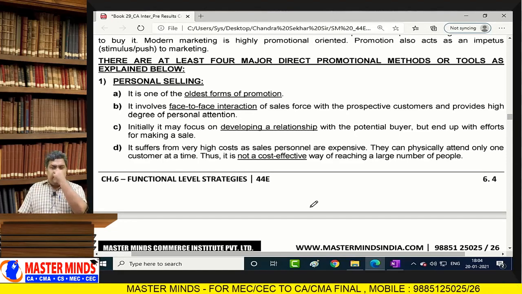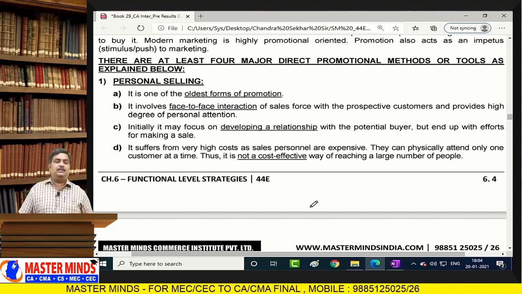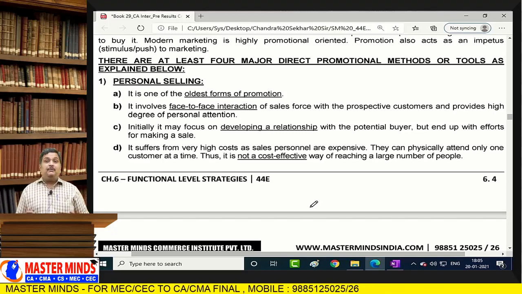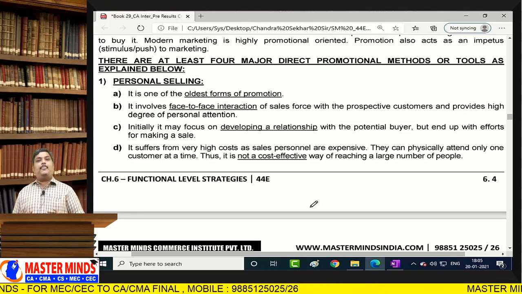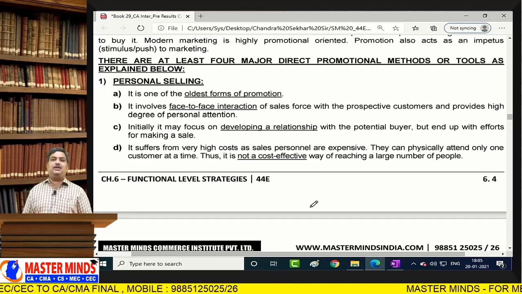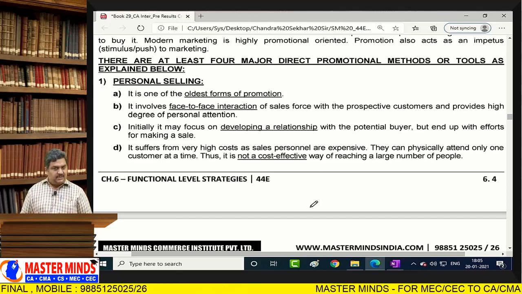Each salesperson can reach only a certain number of customers at a time. So for expensive products like real estate, premium cars and premium watches, companies generally use personal selling, employing sales personnel to meet the prospective customer.